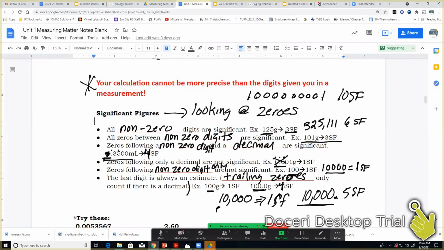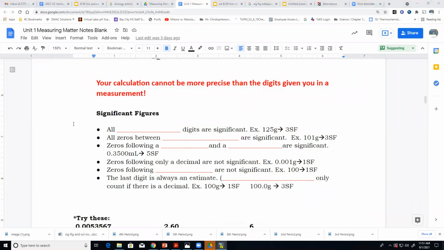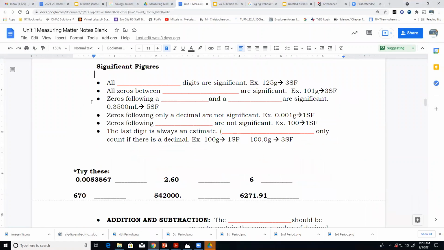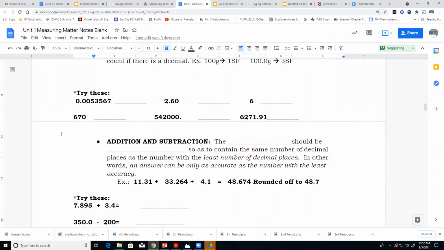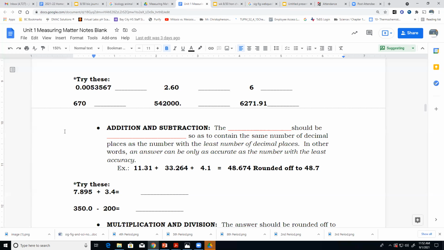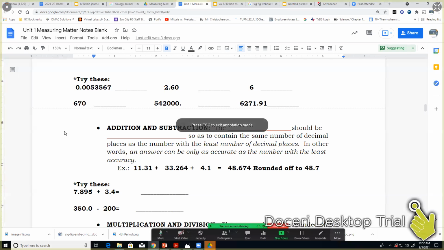That's the difference that the decimal makes. All righty, so those are the rules that you're going to be following and putting into play as we move through these. We're going to start off with just saying how many there are, but in reality, throughout the year, it's how you use them in a calculation. That's what really becomes important.